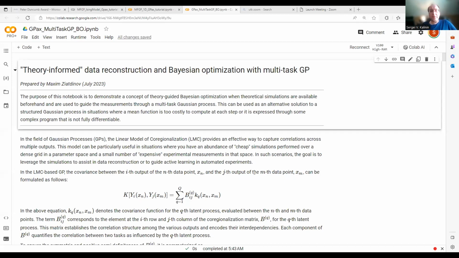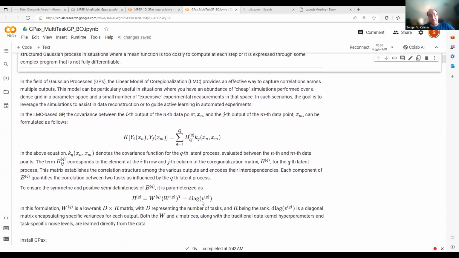Superficially, it would be very similar to the multi-fidelity one. The difference is that you don't use one fidelity of measurement to build the relationship with the other fidelity. You assume that there is a common latent process that emits observations of the two types of behaviors, and those are connected through a certain correlation matrix.